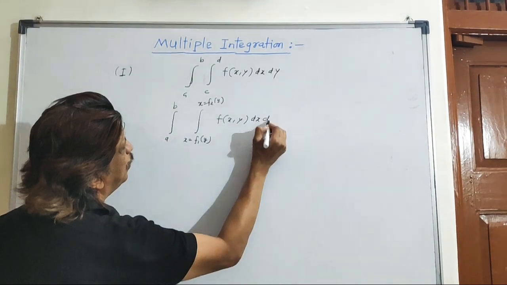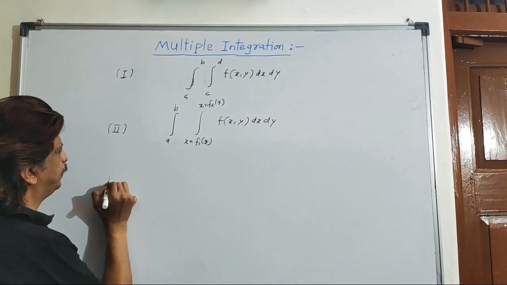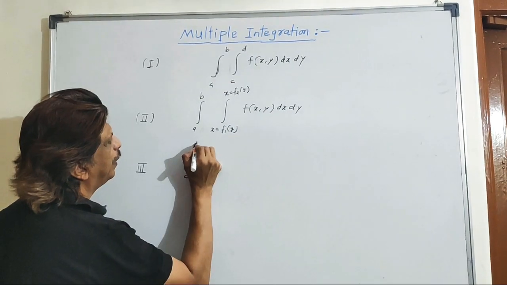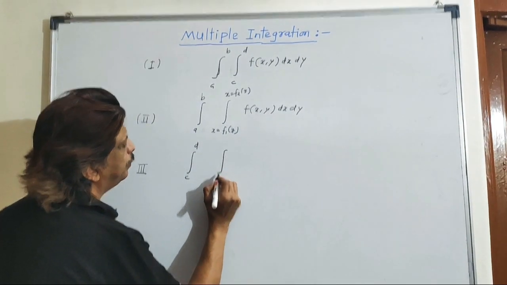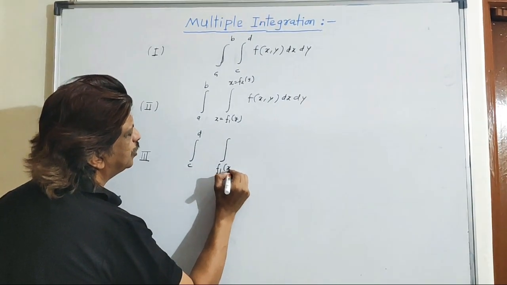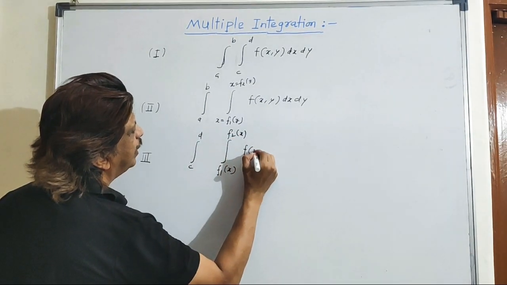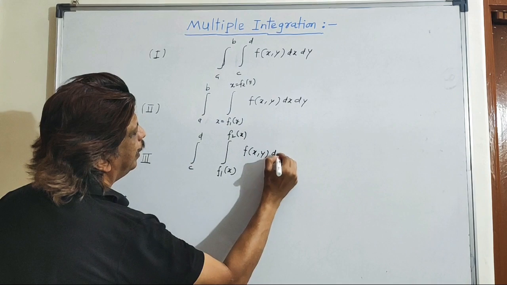This is the second type. And the third type is integral c to d, and integral from f1 of x to f2 of x, f of x y, dx dy.